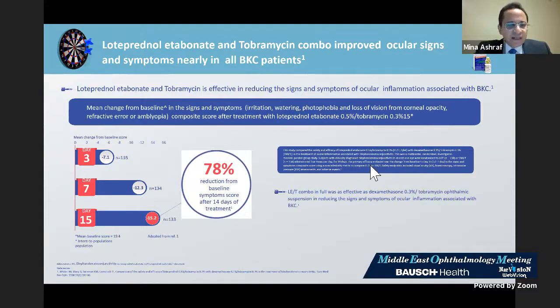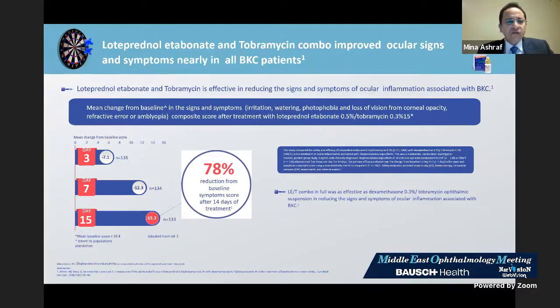blepharokeratoconjunctivitis. And we see here that after 15 days of treatment, Xylet achieved 78% reduction from baseline symptom score after 14 days of treatment. And in this study, it was a comparison between loteprednol etabonate plus tobramycin, Xylet, compared to dexamethasone tobramycin, and there was no significant difference between the two treatment groups in terms of controlling the ocular inflammation associated with blepharokeratoconjunctivitis.